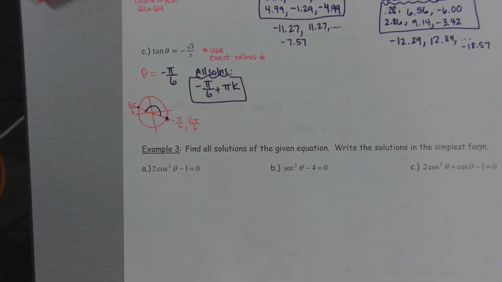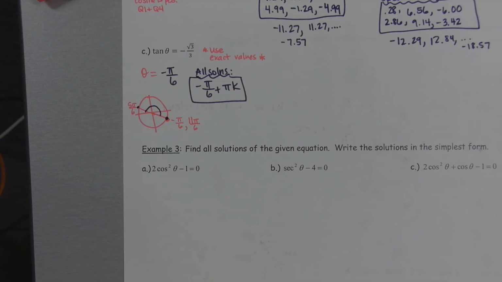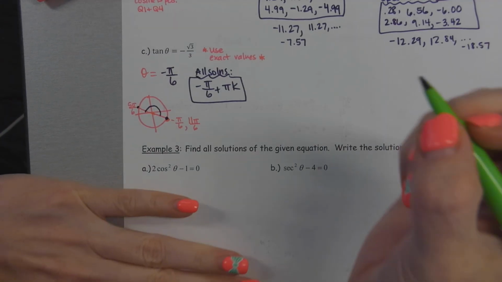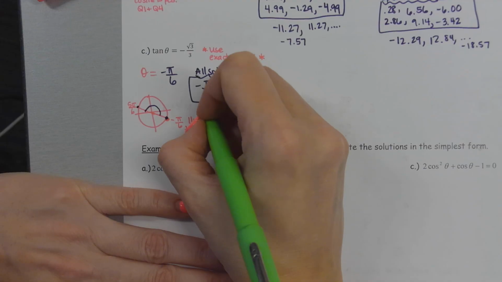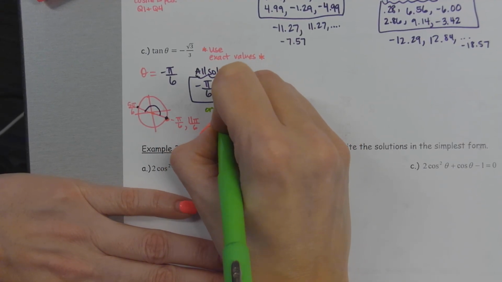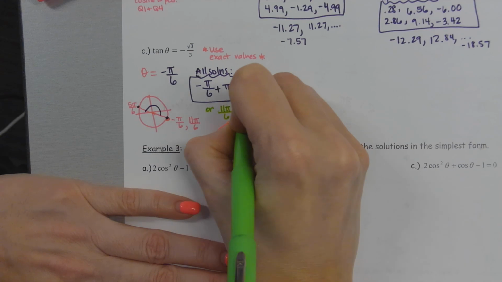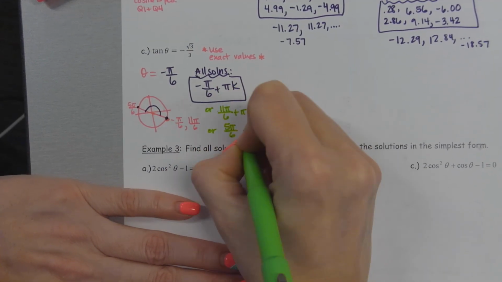So you can write your answer as negative pi over 6 plus pi k, or 11 pi over 6 plus pi k, or 5 pi over 6 plus pi k.